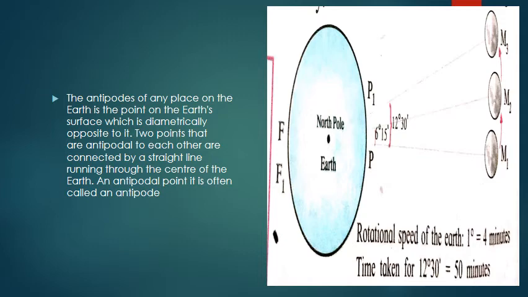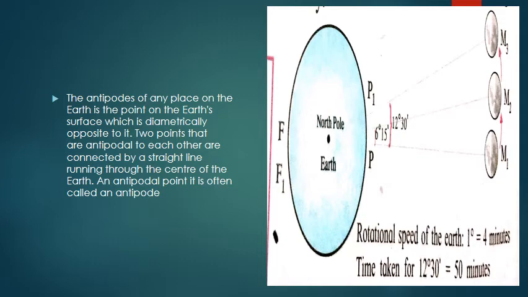Now, what happens in this? They are on a straight line running through the center of the earth, and an antipodal point is often called an antipode. I already told you in the previous one, and I'll just repeat so that when you see this figure, you will understand, okay? Can you see that figure F there? That is opposite to antipodal P. Correct?